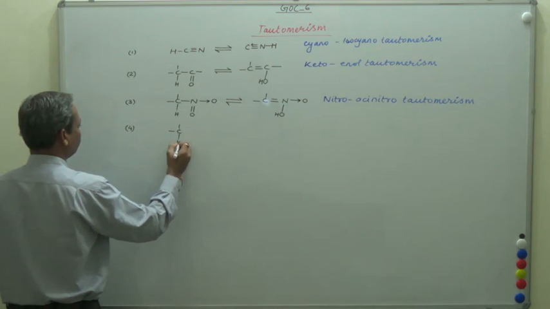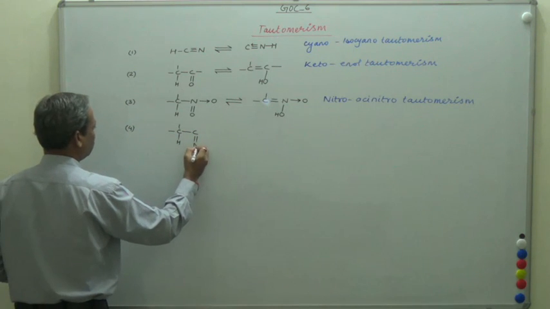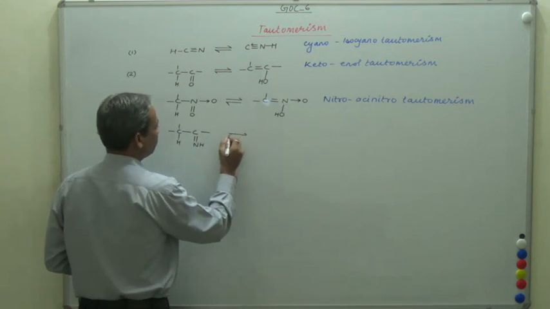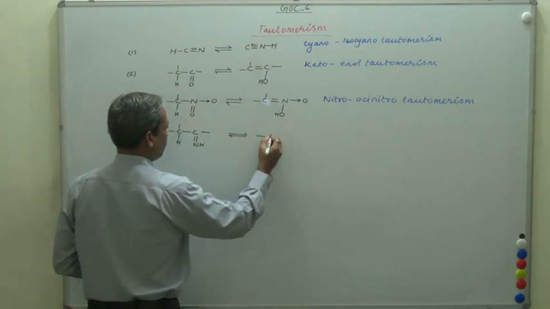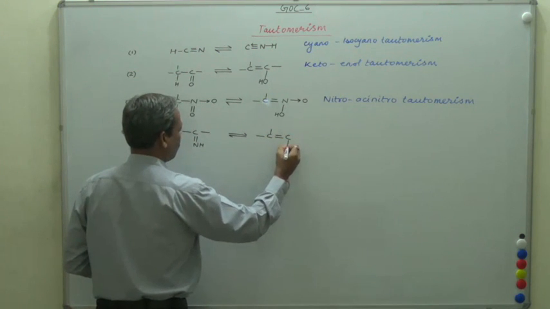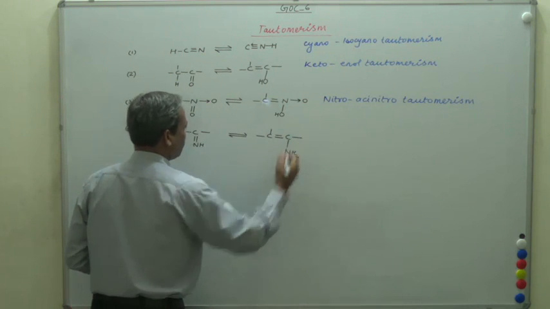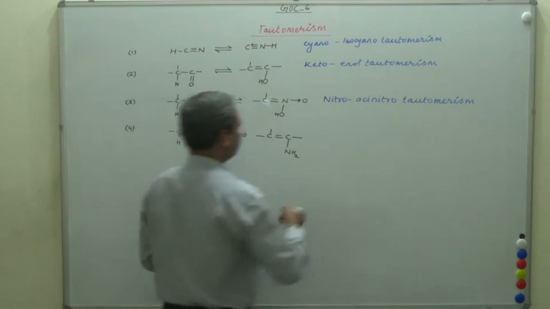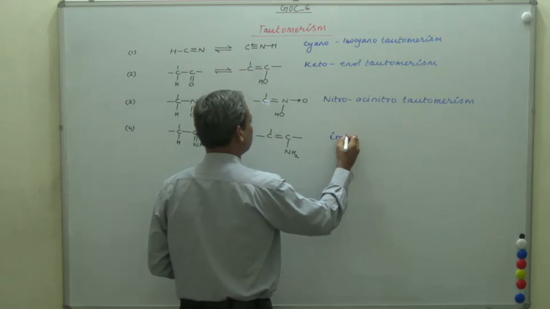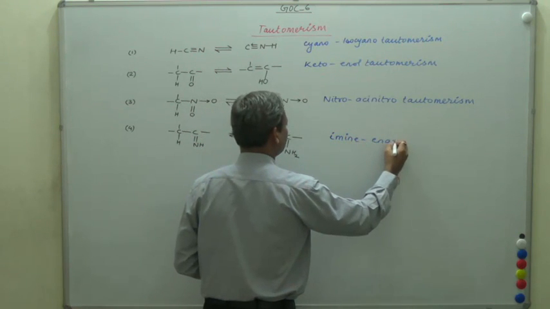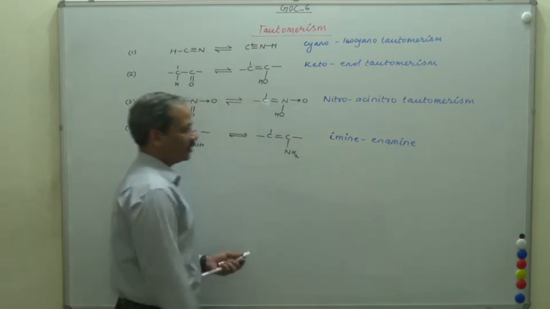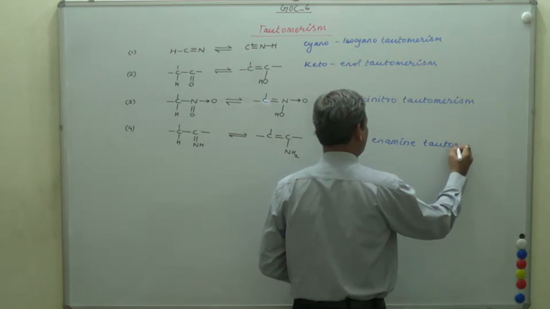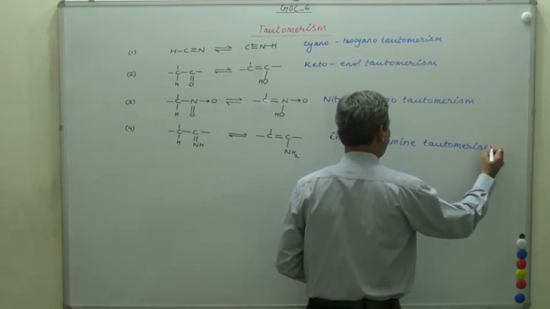And one more example. If this hydrogen atom shift between carbon and nitrogen, then a new group is created. So this is called as imine enamine tautomerism.